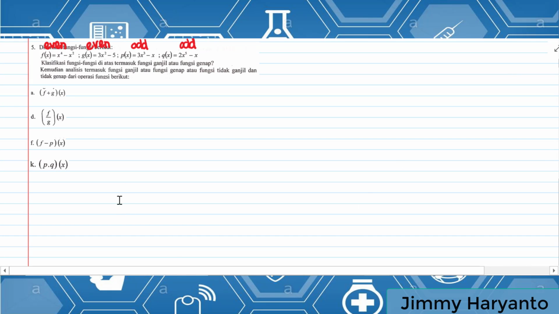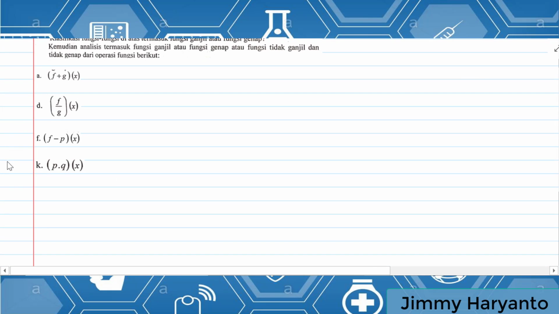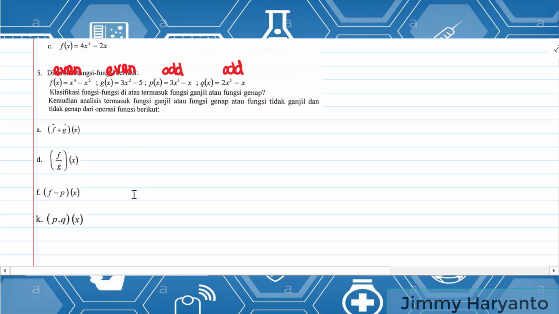Now it's K. p times q means you have odd function times odd function. Take a look at this. pq of x equals 3x cubed minus x times 2x^5 minus x. You don't have to multiply it, just leave it like that.